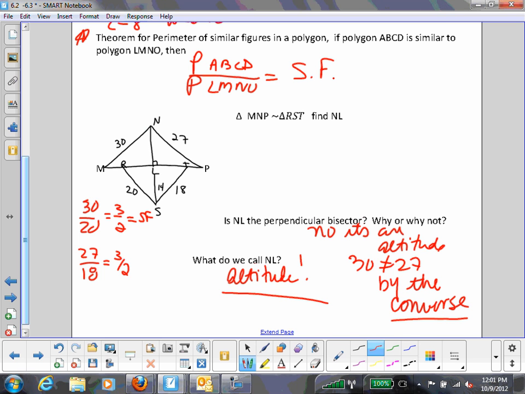Okay, so back to the question. How do I find NL, which is this little value right there? You have 14, LS is 14. So tell me what to write.